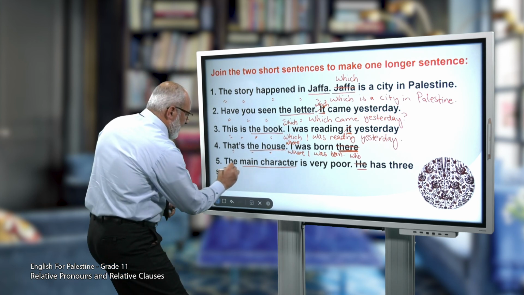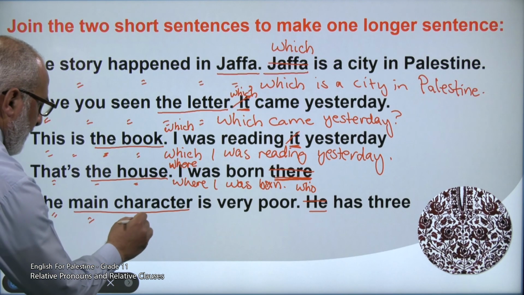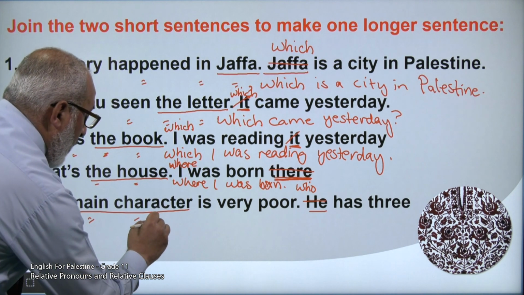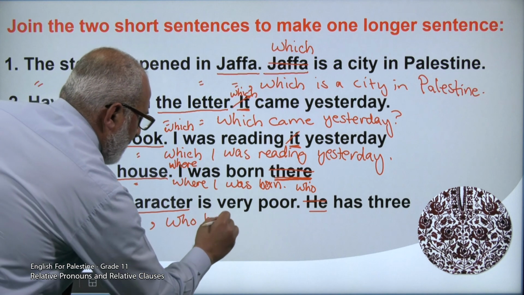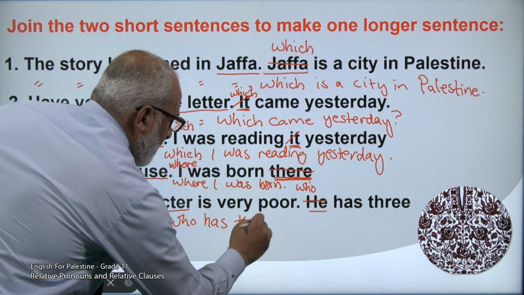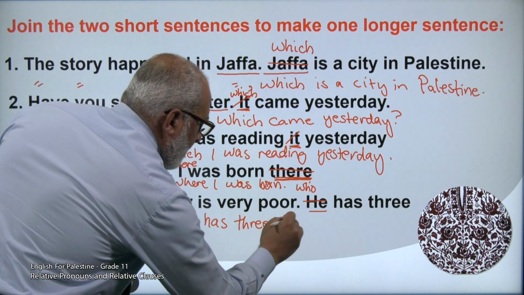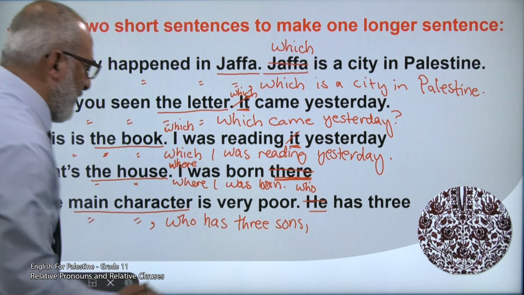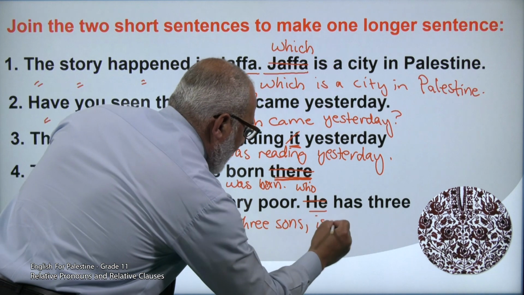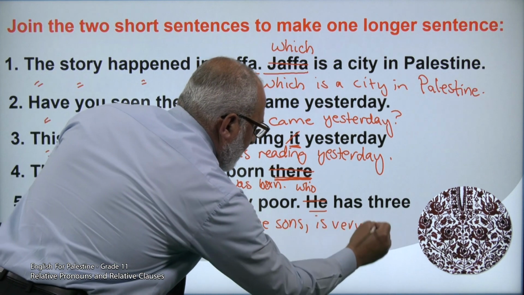So it becomes, the main character, comma, who has 3 sons, comma, is very poor, because it is extra information.